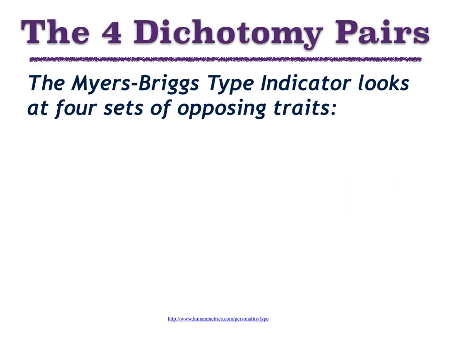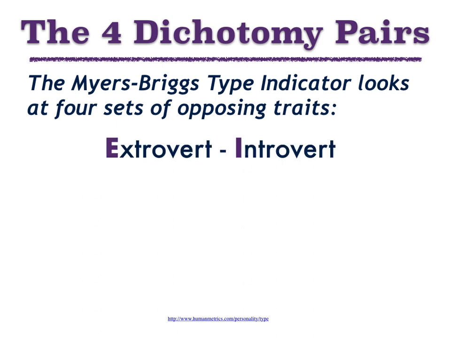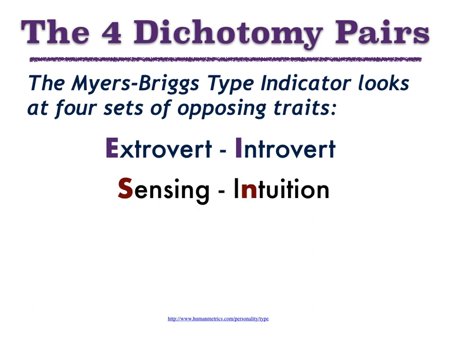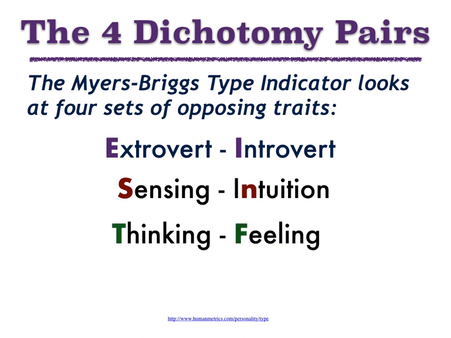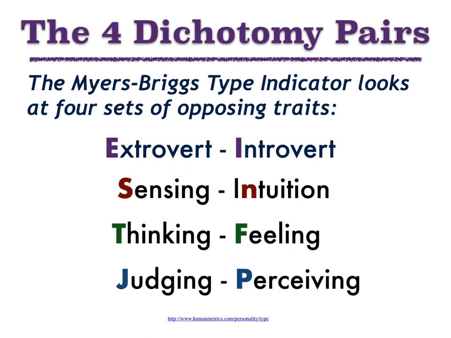So the different traits that this looks at are extrovert versus introvert, represented by an E or an I in its type indicator, then sensing versus intuition, thinking versus feeling, and judging versus perceiving. And you'll notice at the bottom I've got a link that goes to the humanmetrics.com version of this particular testing and what these characteristics and traits are.